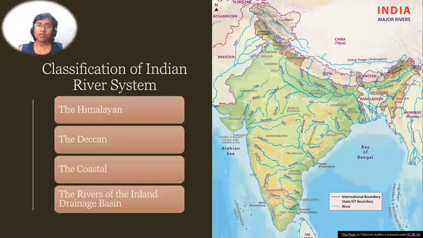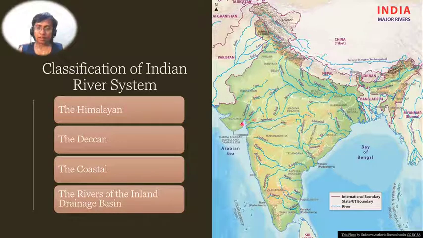The rivers of the Indian subcontinent may be classified into four major types. The first one is the Himalayan region, that is the rivers that we can find in the Himalayan belt. The second is the Deccan Plateau, the rivers that are found in the Deccan Plateau.